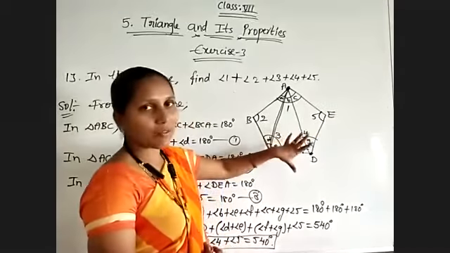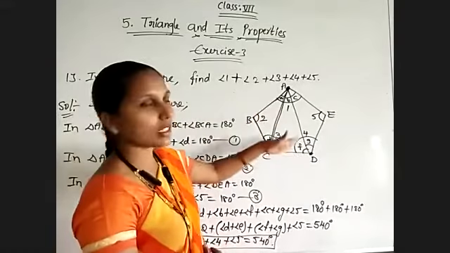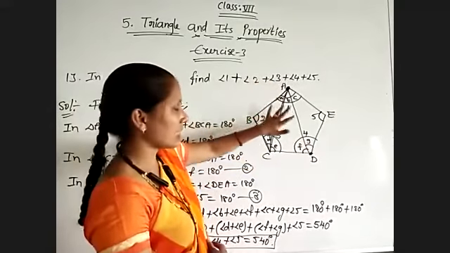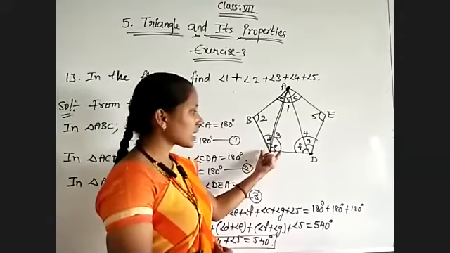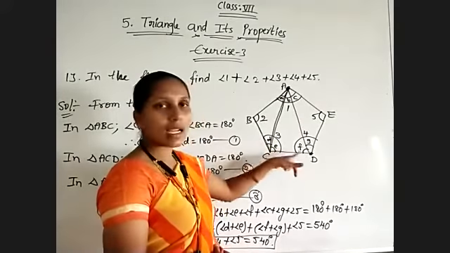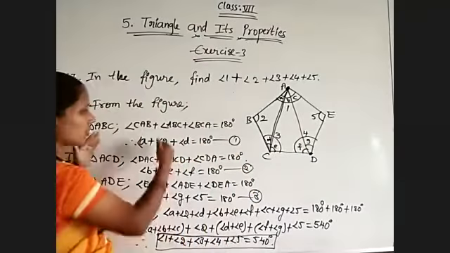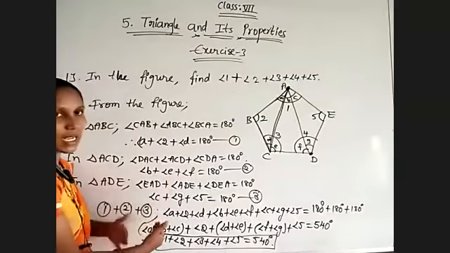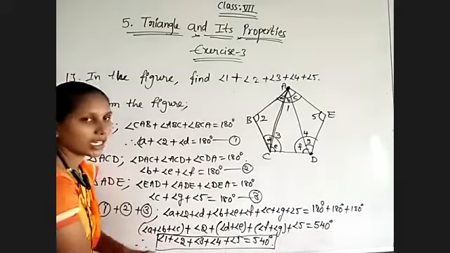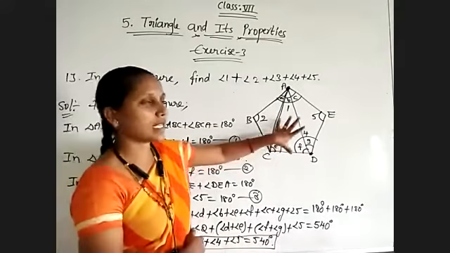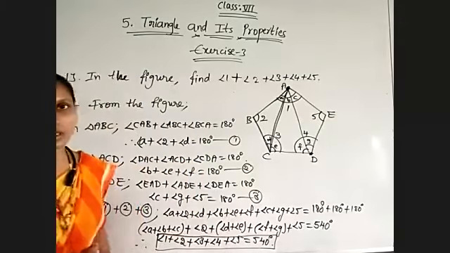But after my construction, angle 1, angle A, is divided into three parts A, B, C. Angle 3 is divided into D and E. Angle 4 is divided into F and G. So by using the angle sum property, we get three equations. Add those three equations. Finally, you will get the sum of the angles of a pentagon is equal to 540 degrees. Very simple question.